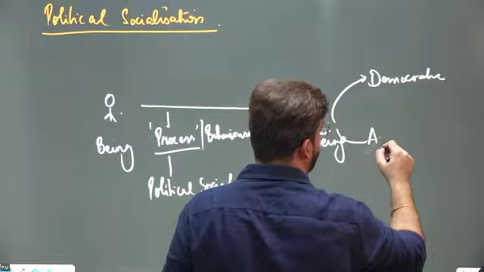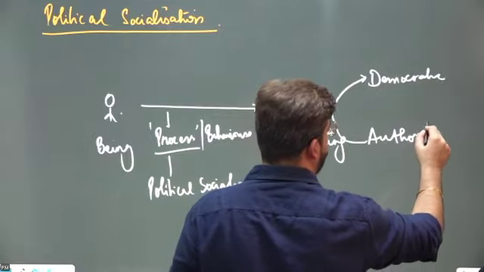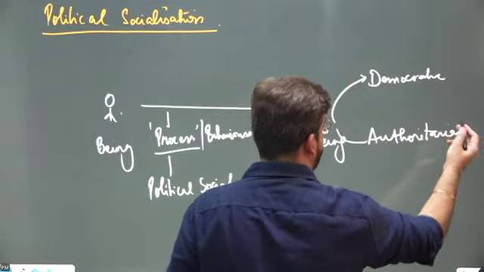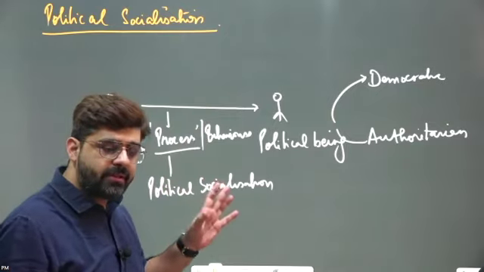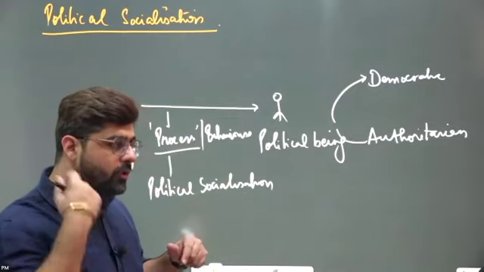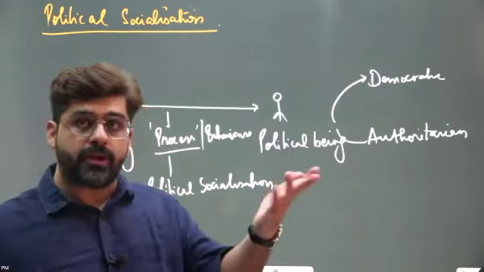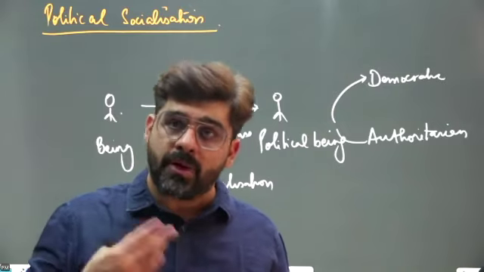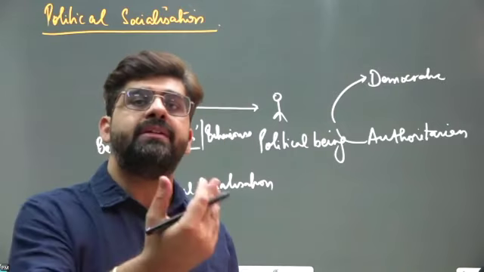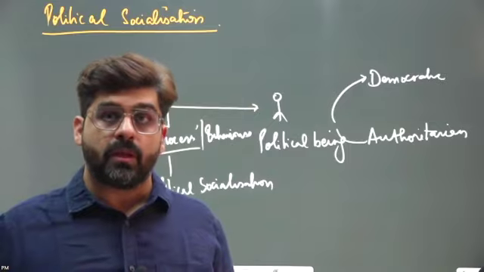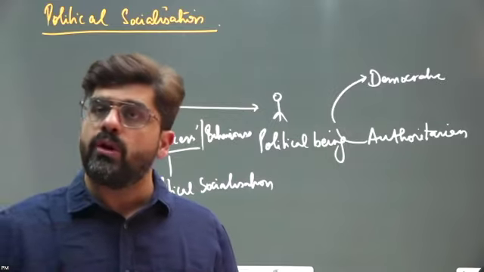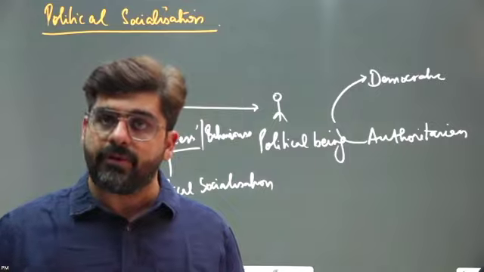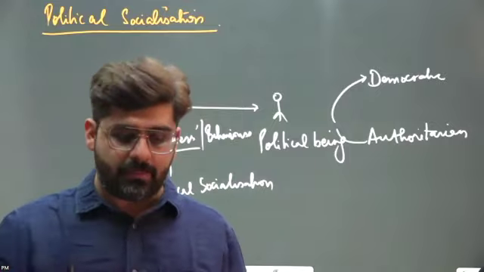You can become a political being who is authoritarian in orientation, depending on what has happened here. If you are raised in an authoritarian family, you will easily succumb to authority. If you are raised in a liberal family, you may not easily accept authority. If you are raised in a patriarchal family, you will also try to emulate the same behavior. You will also try to reflect the same behavior.